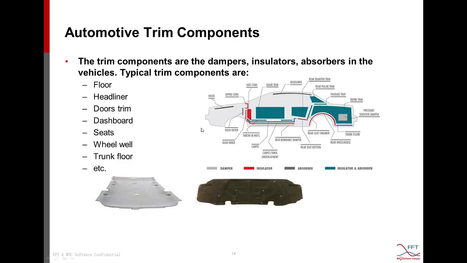So we have the floors, the headliners, the door trim, the dashboard, the seat, the wheel well, and the trunk floor, etc. And many of these trim components are multi-layer components, as what we have seen in the previous example.